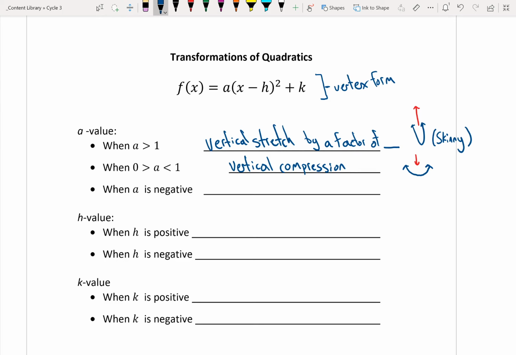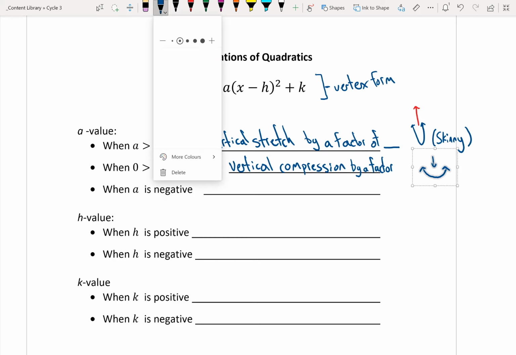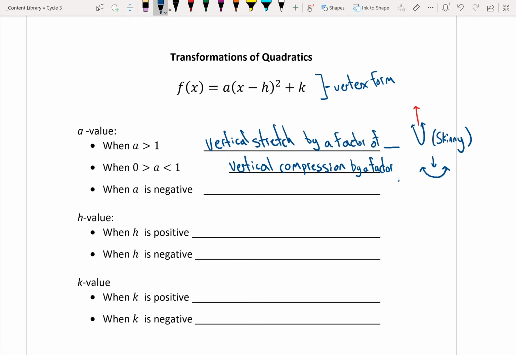It's the same thing, vertical compression by a factor of, again, whatever the a value happens to be.